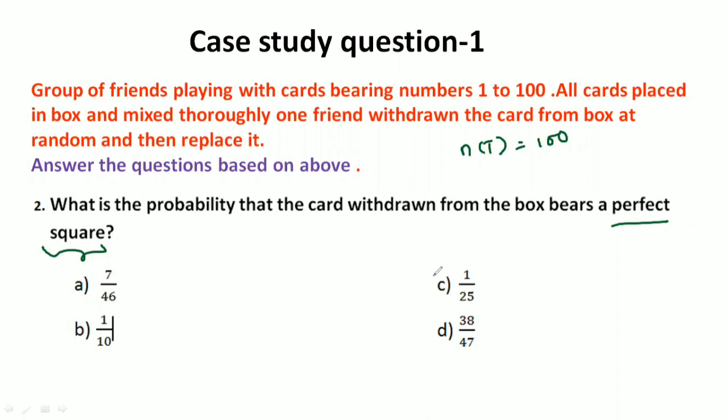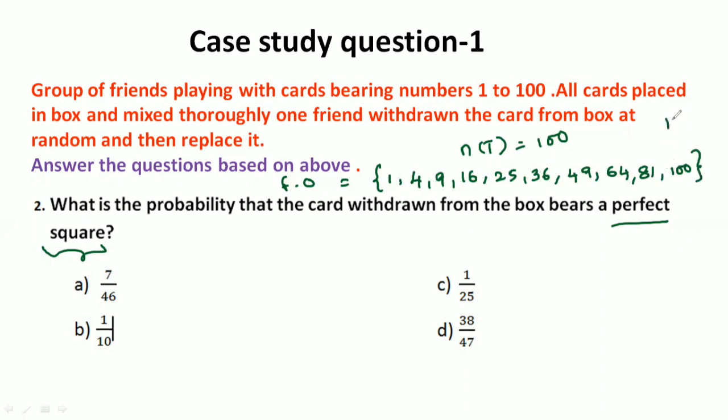So let us write first what possible perfect squares may come from 1 to 100. The favorable outcomes are: 1 is a perfect square, 2 twos are 4, 3 threes are 9, 4 fours are 16, 5 fives are 25, 6 sixes are 36, 7 sevens are 49, 8 eights are 64, 9 nines are 81, 10 tens are 100.